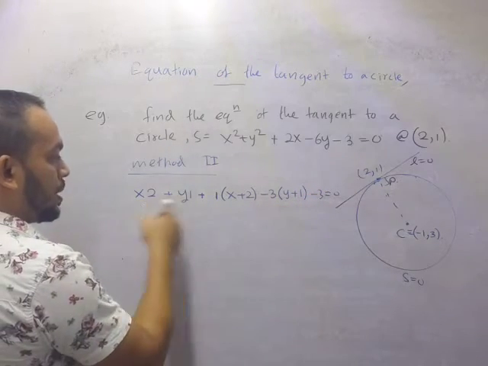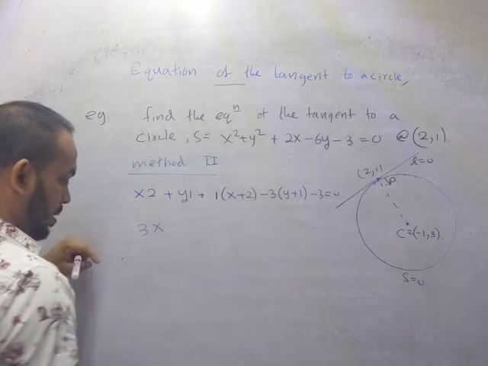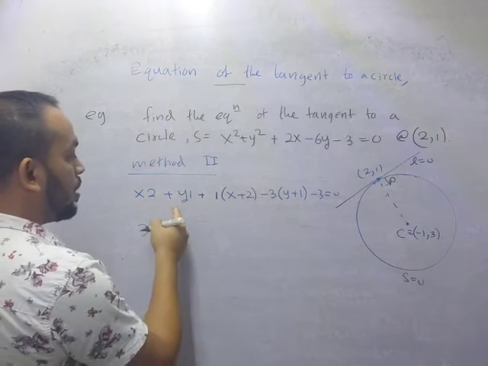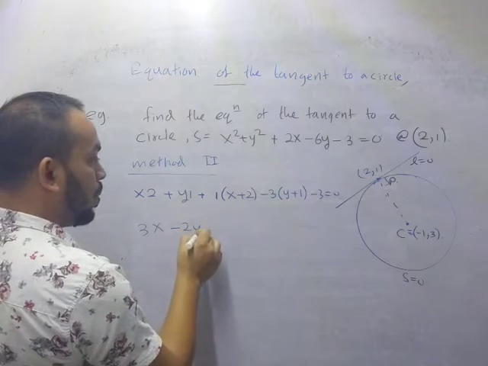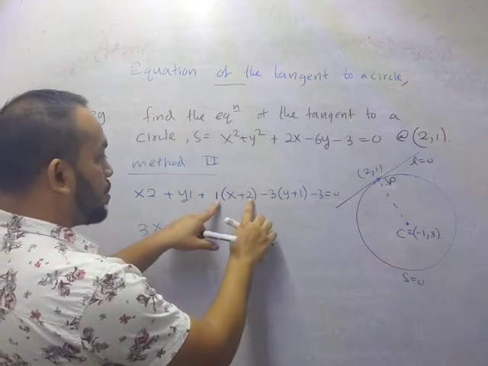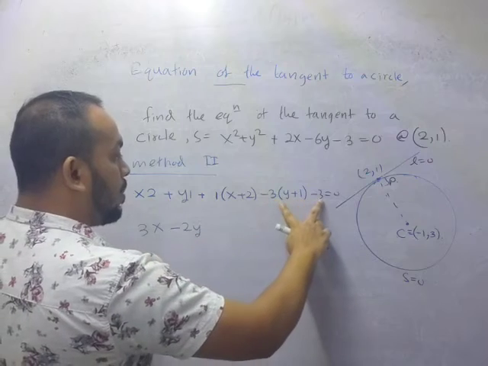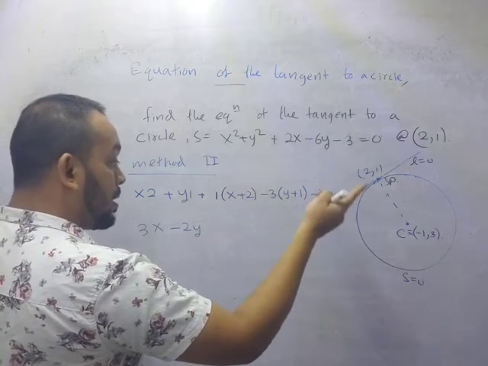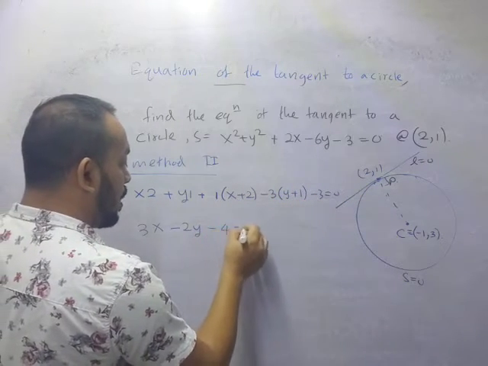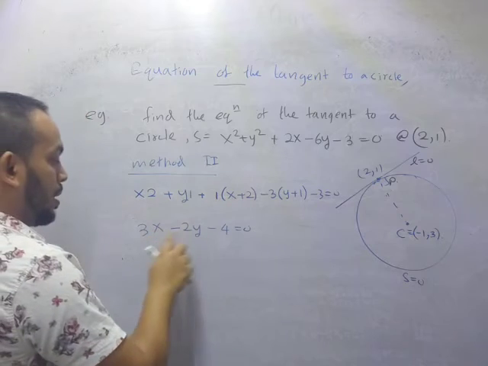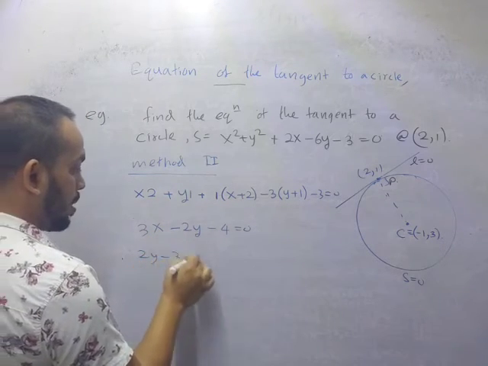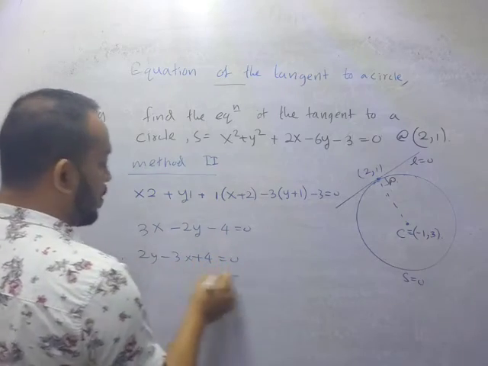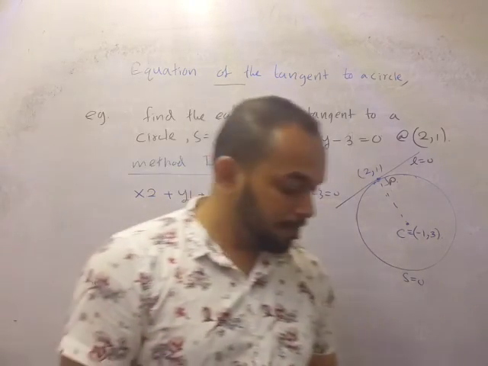So we have 2x and x, that gives me 3x. Then y minus 3y, that means minus 2y. Then plus 2 minus 3 minus 3. So minus 4 equals 0. Then I'm going to multiply this whole equation by a negative sign, and that gives me 2y minus 3x plus 4 equals 0. The same equation.